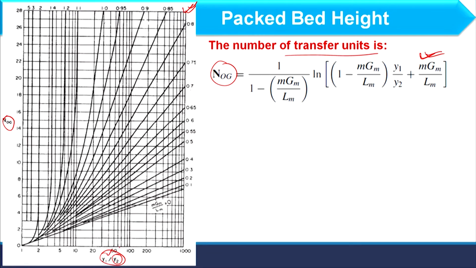So, depending upon the y1 and y2 value and mGM by LM, usually the slope of the equilibrium line is known to you, and GM and LM are basically molar gas and liquid flow rates. So, these are also known to you. So, you can calculate mGM by LM, and you can use this graph or you can use the equation.